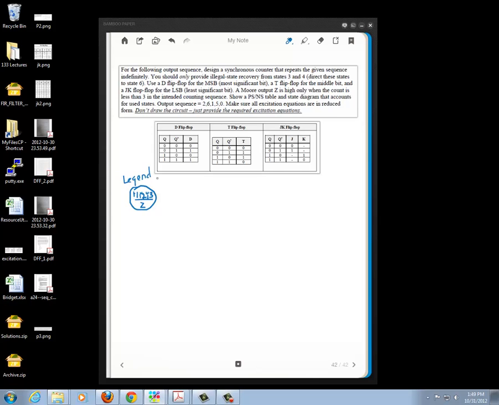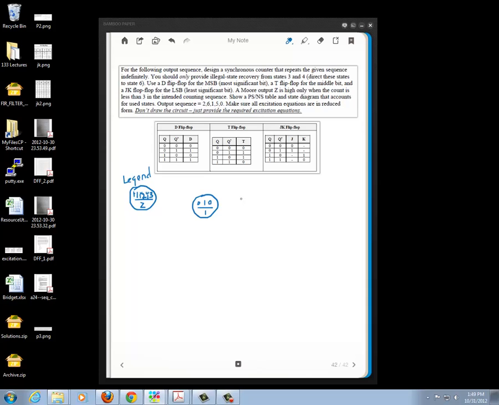And let's go ahead and draw the state diagram. So the first state we're going to be in is the 2 state, 0 1 0, representing the number 2. And if you recall, the Moore output Z is high only when the count is less than 3. So 2 is less than 3, so our Moore output Z is going to be a 1.